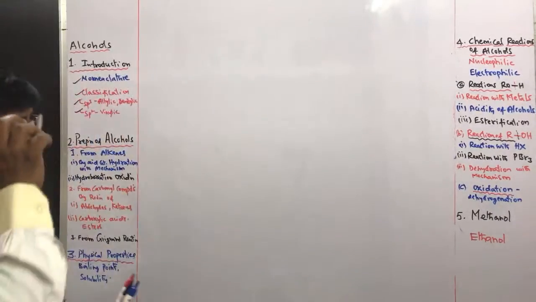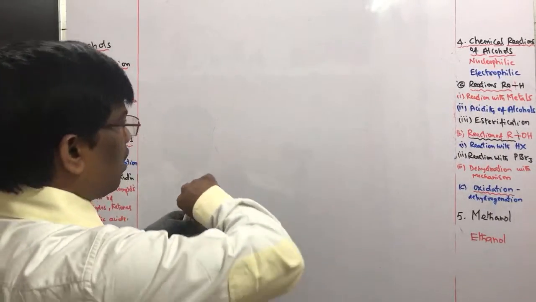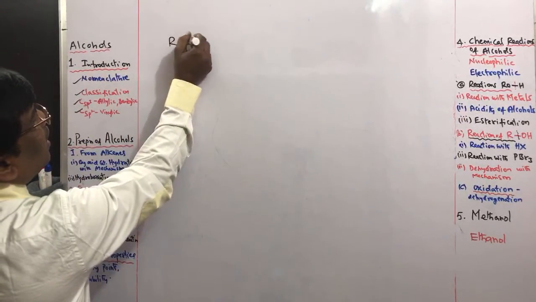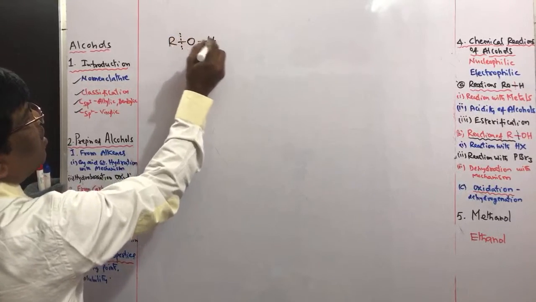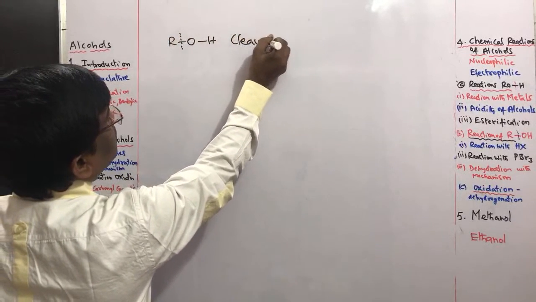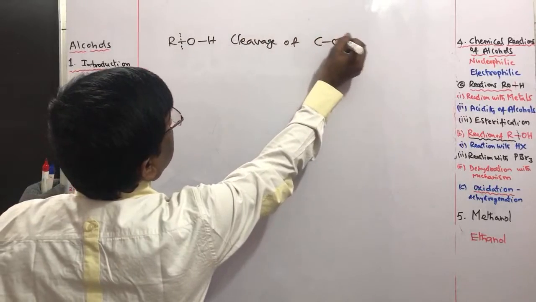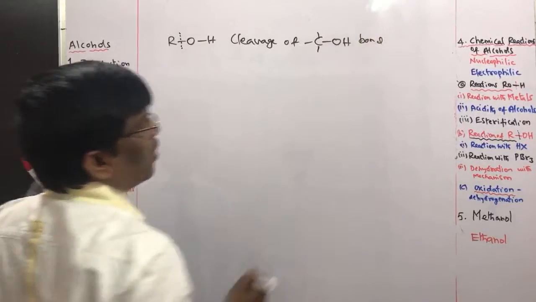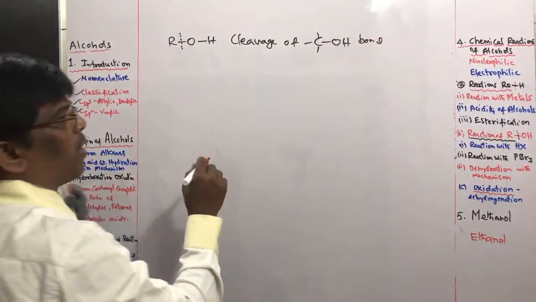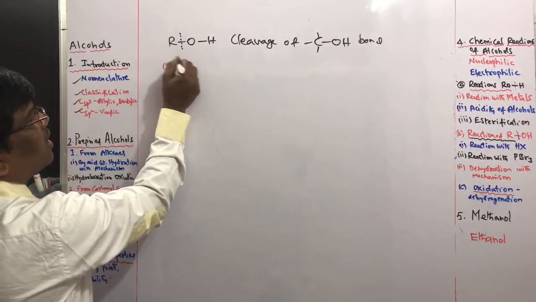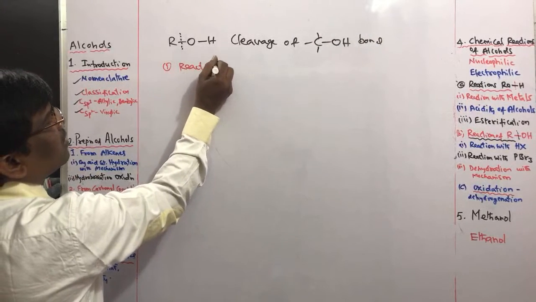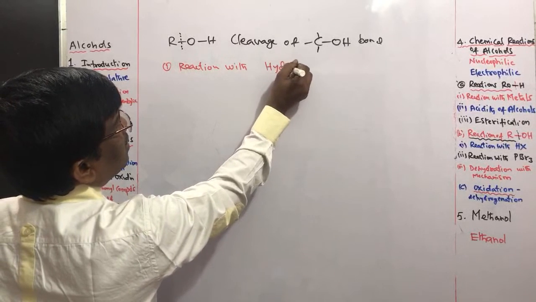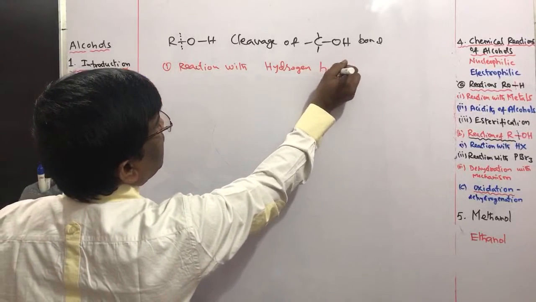Yes, students, let us see the reactions of alcohols where the cleavage of the carbon and oxygen bond takes place. So what are the reactions? Usually you come across reaction with hydrogen halide.